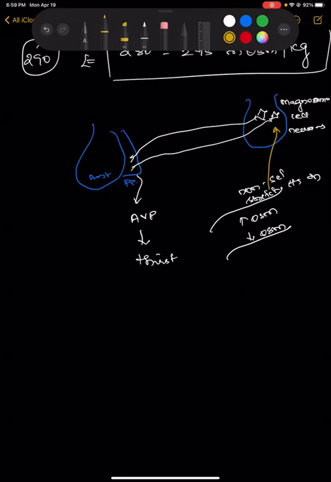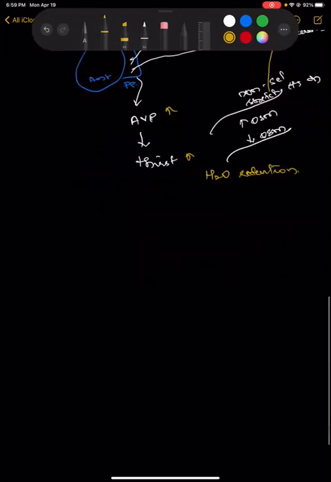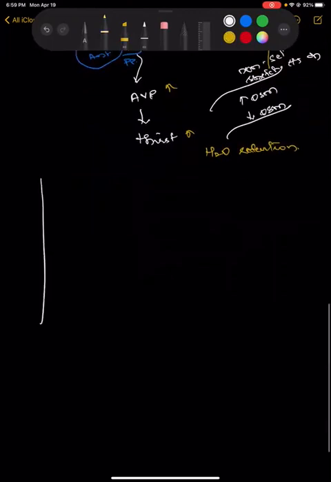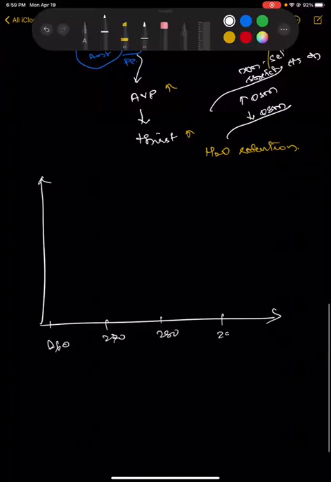So ideally we need more arginine vasopressin, and that's what is going to happen. It will stimulate the posterior pituitary, more arginine vasopressin is secreted, and thirst response increases. Also water retention increases. And the opposite happens when the osmolality is reduced. So this can be depicted in a chart. Somewhere between 280 to 295 is the normal osmolality.